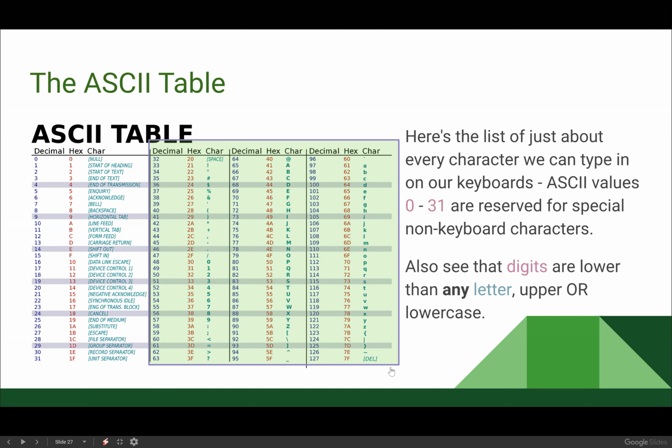All right. And if we look over here at this first column, that is filled with special, like, non-keyboard characters. You don't have to know what those do at all. They're special things built into the computer.